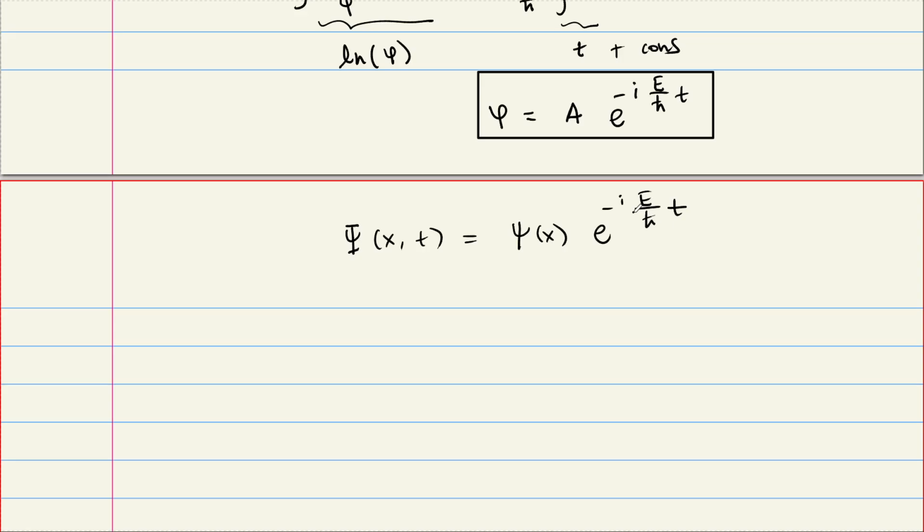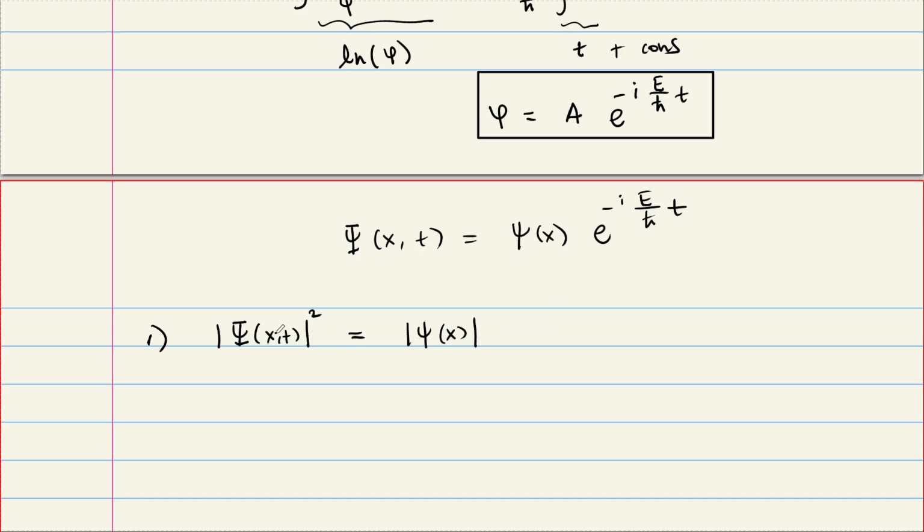And let's observe some properties of separable solutions. First, if you calculate the probability density by taking the absolute value squared, you immediately find this psi of x. Let me write it in two steps.